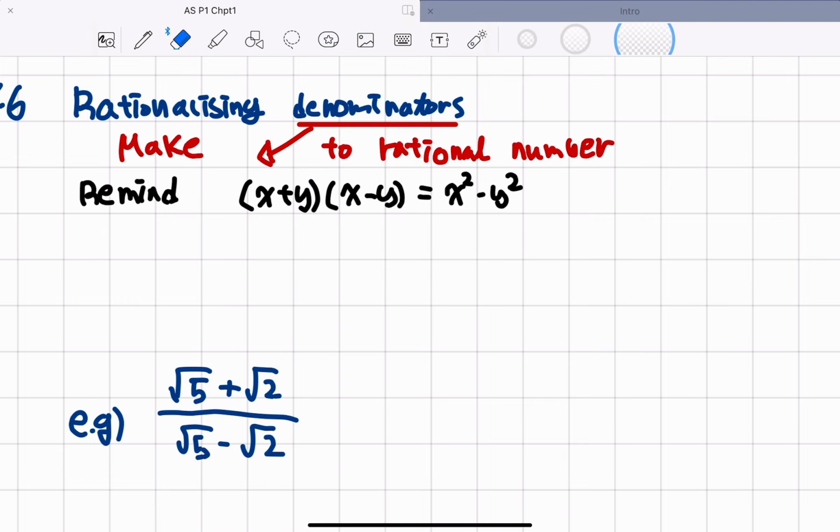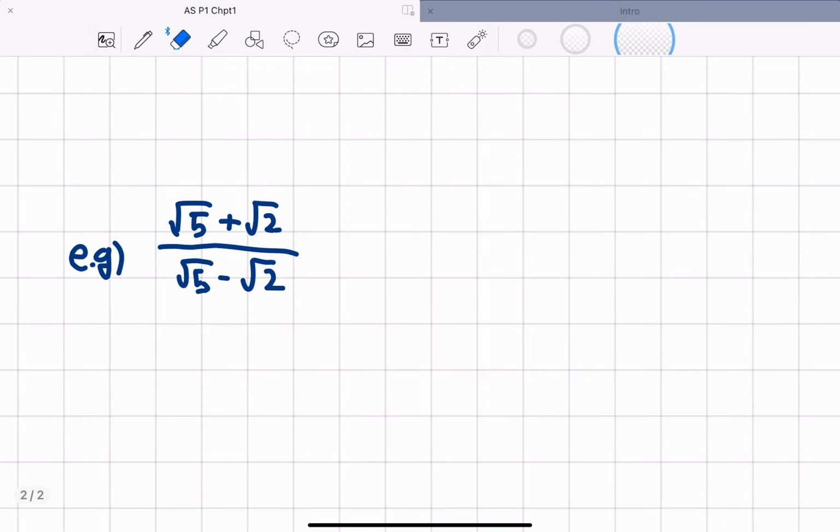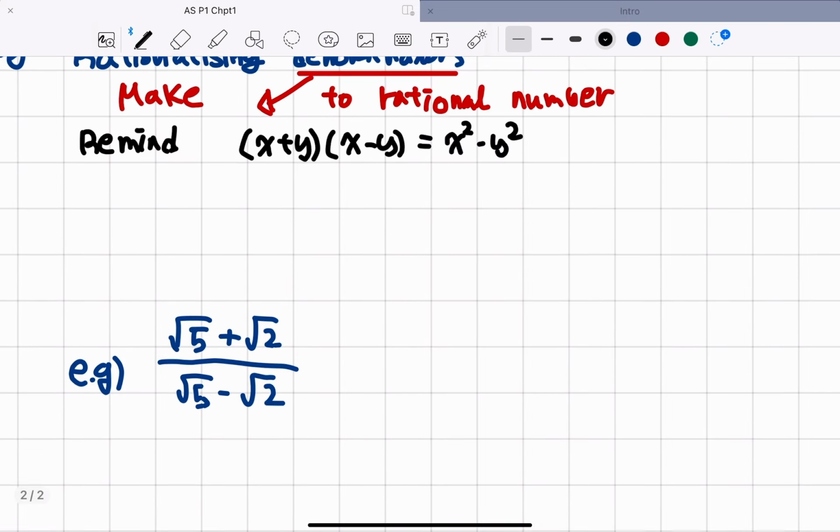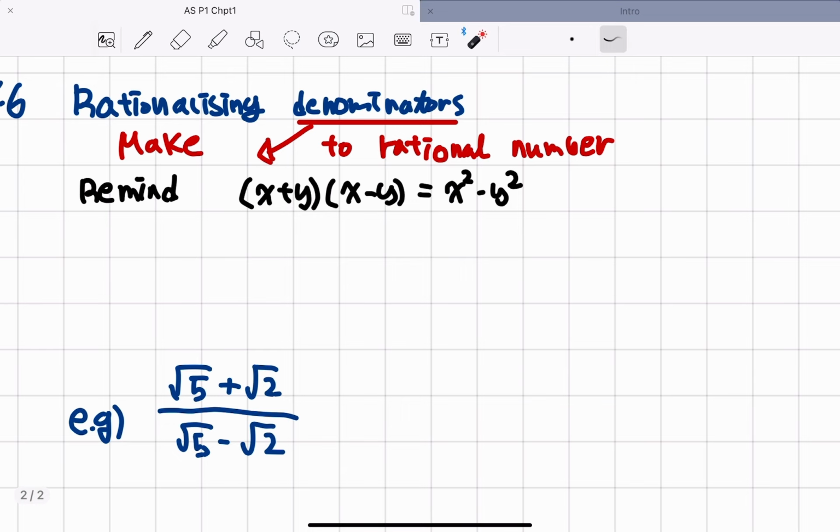Right, so let's move on to the example. The method for how to rationalize is just multiplying by another pair of the terms. So this one is square root of 5 plus square root of 2 over square root of 5 minus square root of 2.